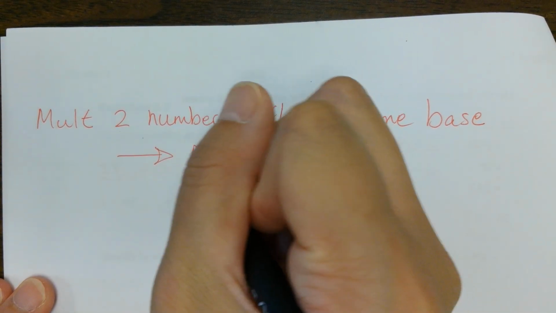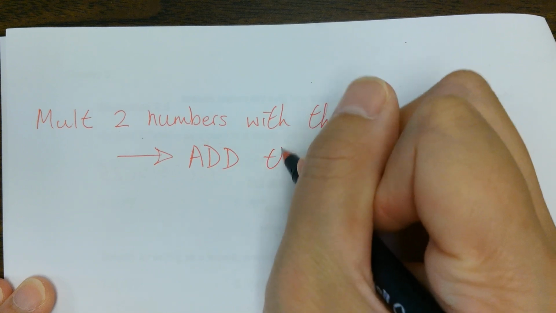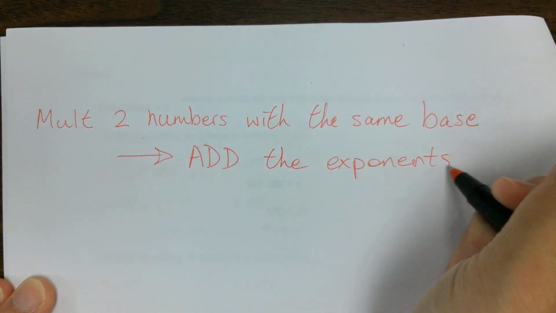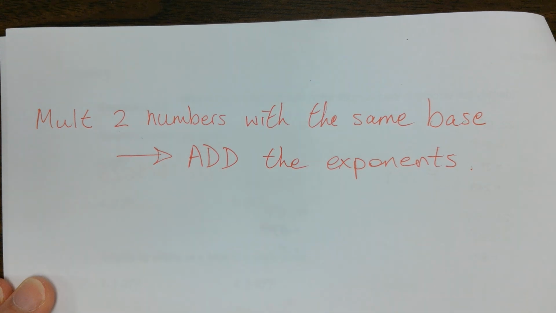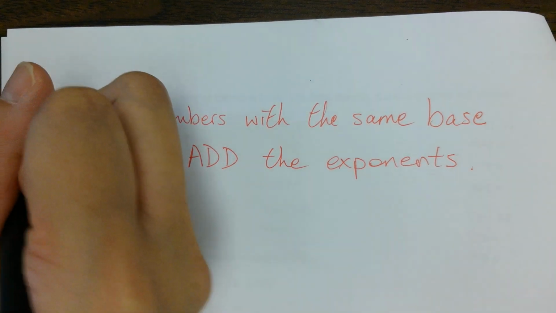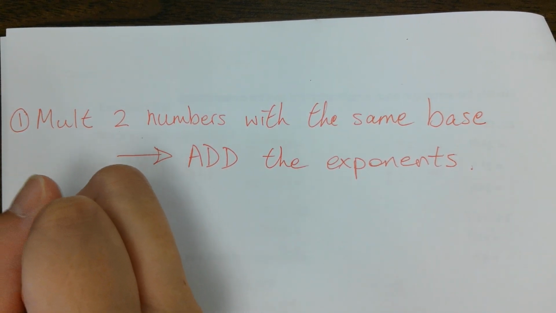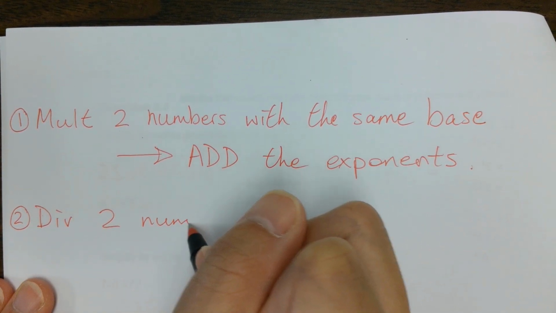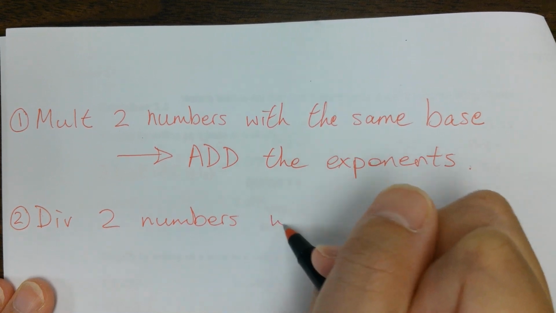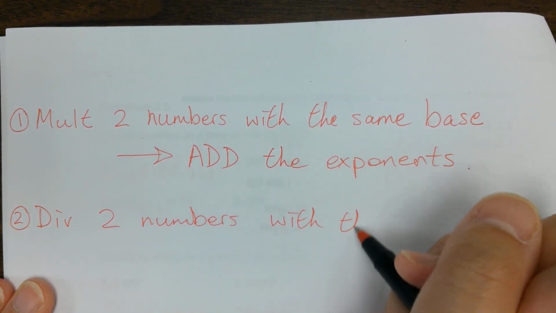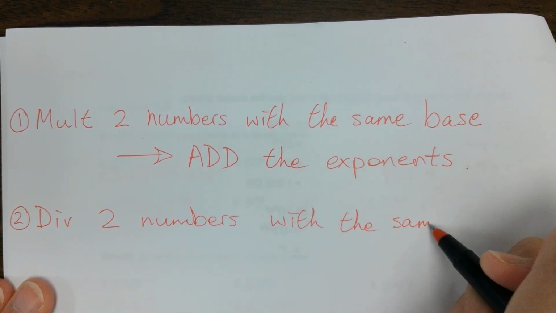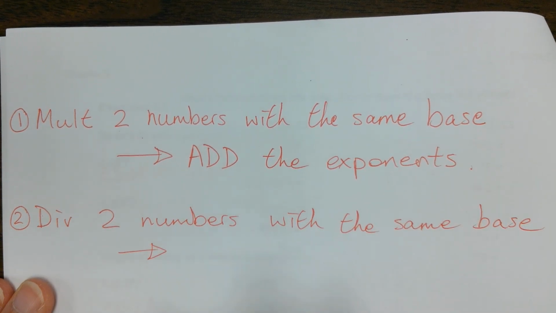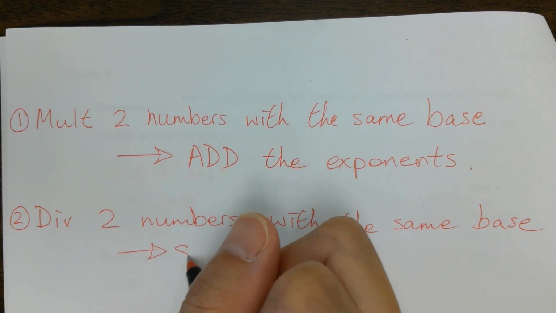Add, yeah. Add the exponents. So that was the first type. Second type, when you divide 2 numbers with the same base, what do you do to the exponents? Subtract.